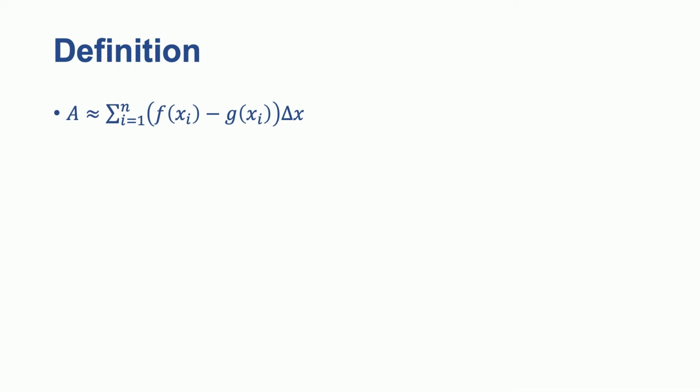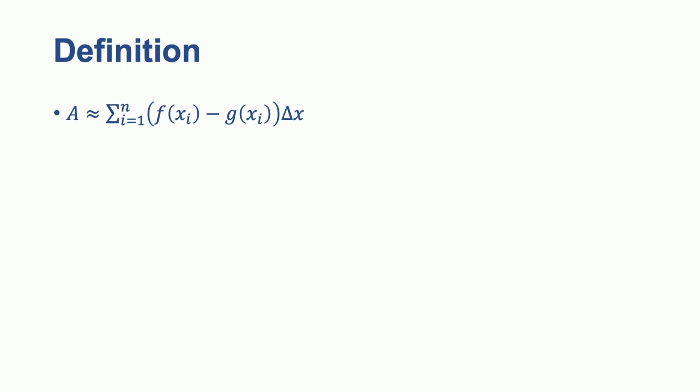The area is approximately the sum from i equals 1 to n of f of x sub i, our top curve, minus g of x sub i, which is our lower curve, with a delta x. It's very similar to what we did in the past. It's just that we have a subtraction, and we know how to subtract integrals. We can just take them together or take them apart, however you'd like to do it.